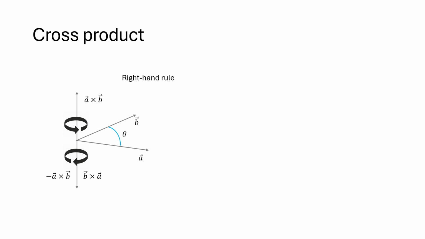The magnitude of the cross product equals the area of the parallelogram with the vectors A and B for its sides. The formula for the cross product of vectors A and B is given as follows. In this formula, u hat is a unit vector perpendicular to the plane containing the vectors A and B. And as I said before, its direction is determined by the right-hand rule.